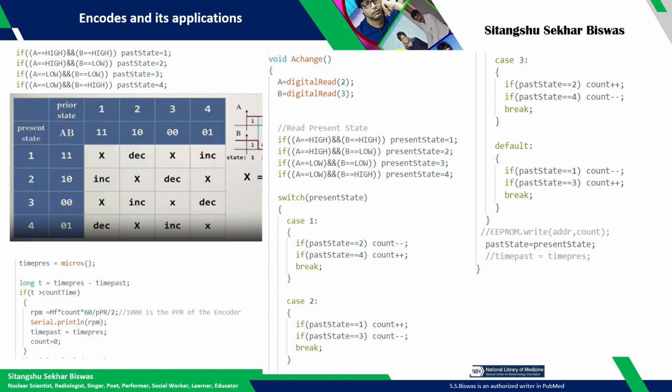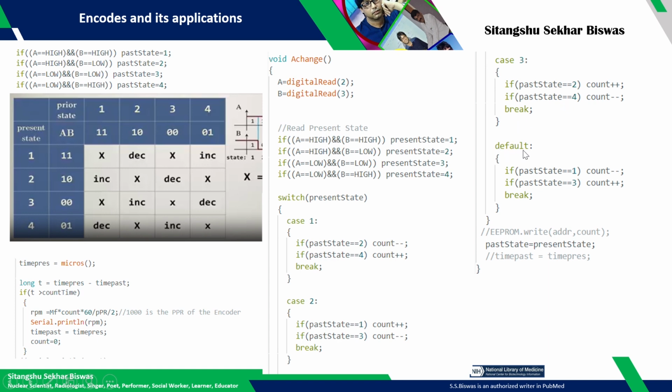All of this I'm saying we did say before in the table, but I'm explaining it again for you in the code. And for case 3, which means the present state is equal to 3, if the past state is equal to 2, the counter is increased, and if the past state is equal to 4, the counter is decreased.